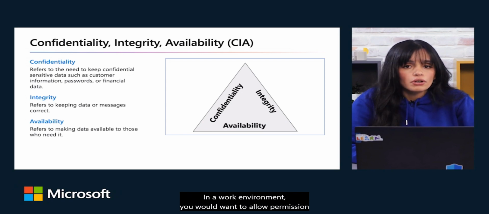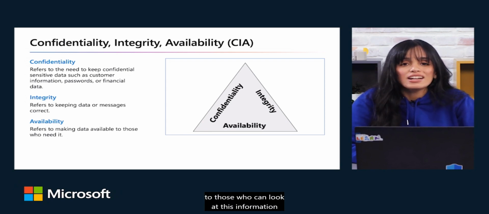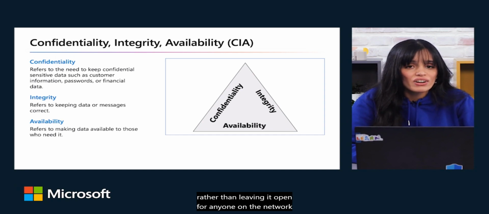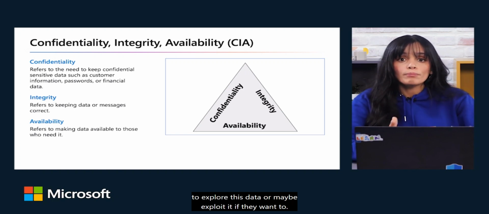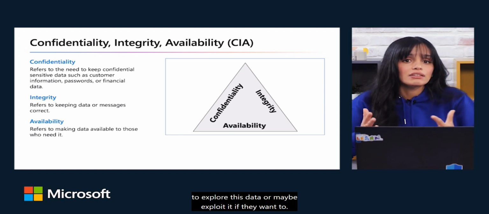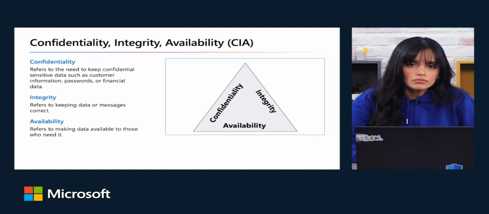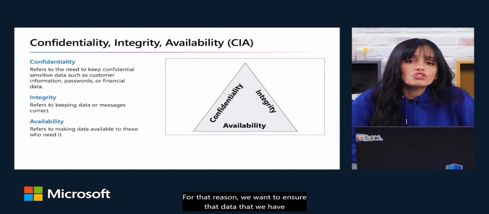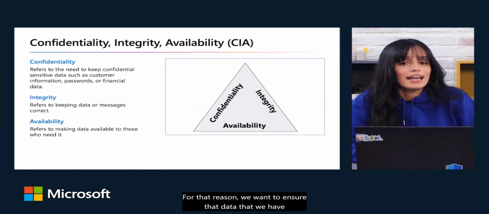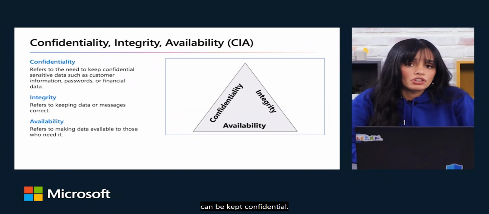In a work environment, you would want to allow permission to those who can look at this information rather than leaving it open for anyone on the network to explore this data or maybe exploit it if they want to. So, for that reason, we want to ensure that data that we have can be kept confidential.